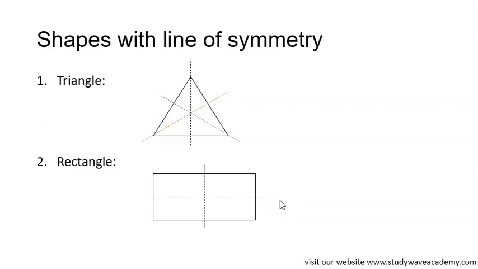It's about dividing into two parts that are mirror images of each other, right? If you divide a rectangle into 2, this side is the same as this side. If you divide it into 4, this side is the same as this side is the same as this side, okay? Do you understand? So a triangle has 3 symmetry lines, a rectangle has 2 symmetry lines, okay?